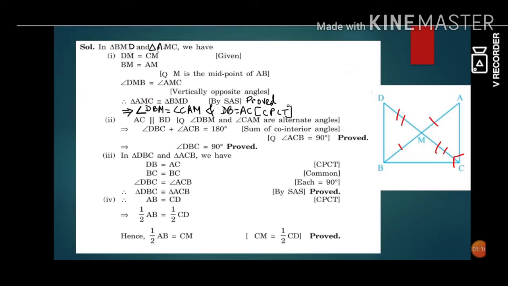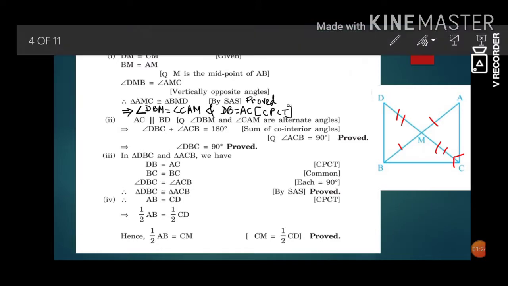So this is the diagram, and in the diagram I want to continue with the marks that I have already given in the question. Here, first we will consider triangle BMD and triangle AMC. In these triangles we can see AM is equal to BM, that is our first, where M is the midpoint of AB.